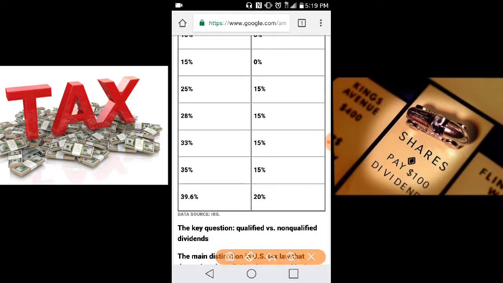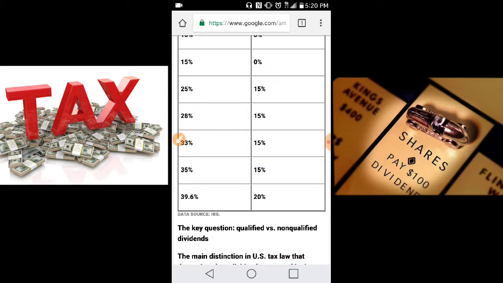Now, more common thresholds are right here. So, whoops, we'll get rid of that circle. That's ugly. 25, 28, 33% ordinary income or your tax rate, you're most likely going to get a 15% capital gains tax on your qualified dividends. Again, ordinary dividends are paid at your normal tax rate, while qualified dividends are paid at their capital gains rate.